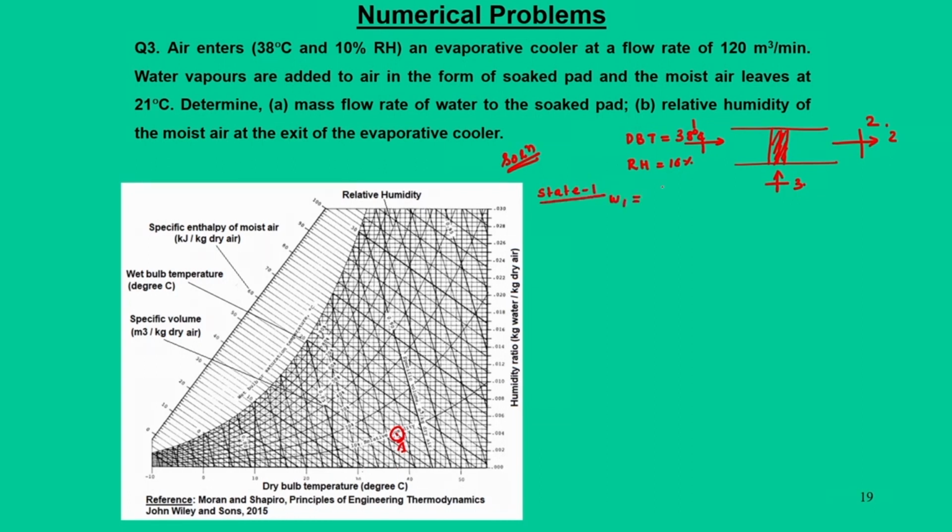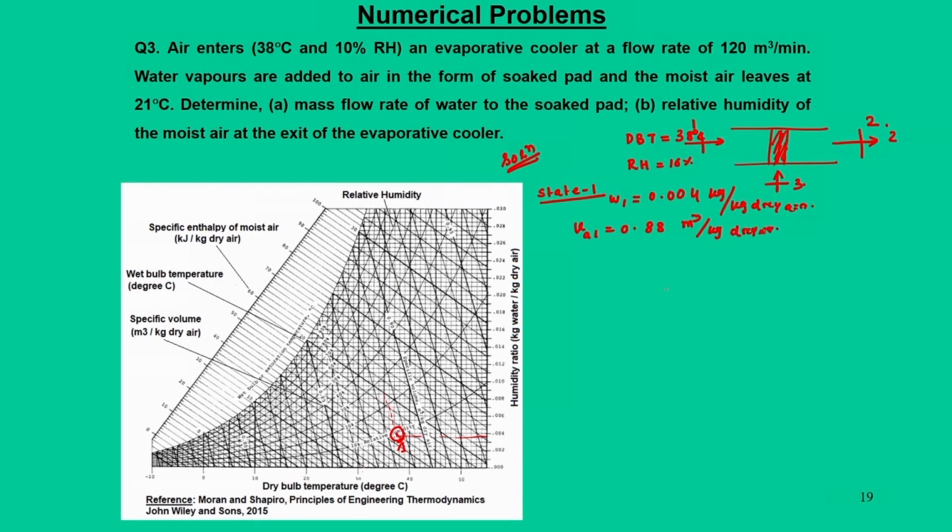So, for state 1, omega 1 is close to a value of 0.004 kg per kg dry air. And for this we can find the specific volume, somewhere in this line, 0.85 to 0.9. So, small v1 could be 0.88 meter cube per kg dry air.